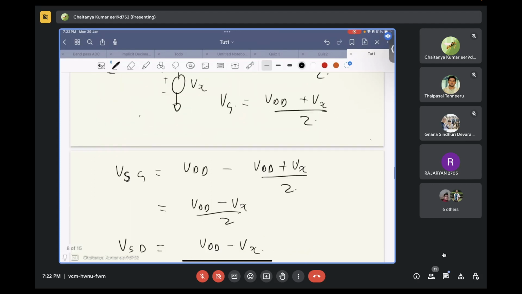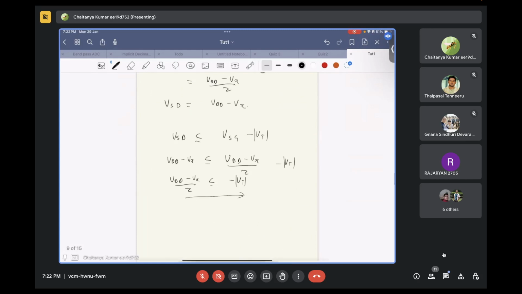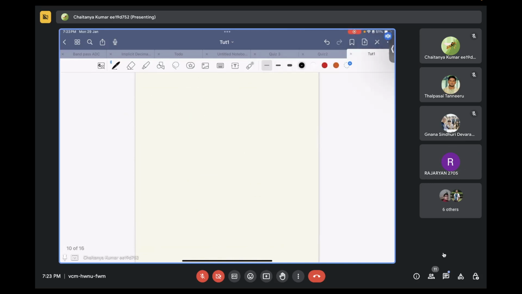This can't be met. So the device can't go to triode. Now, let's try to plot the curve for this.